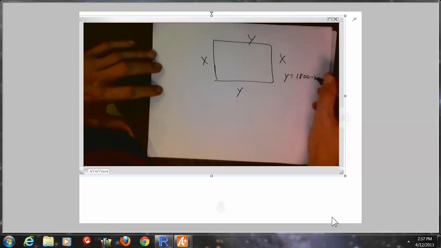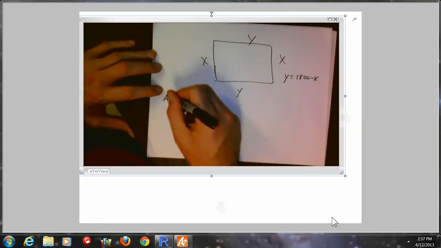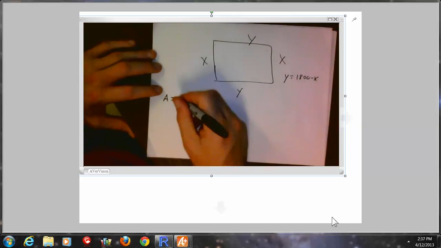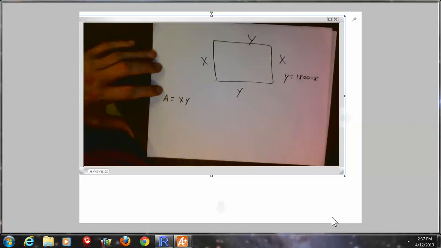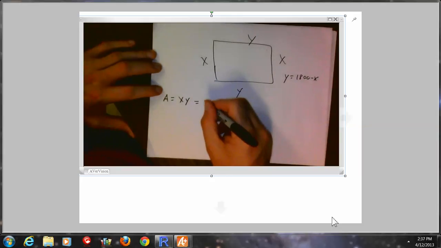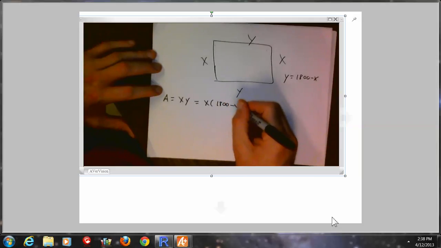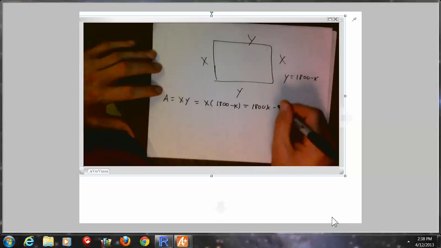What we want to do is maximize the area, so I'm going to write down an expression for area. The area is just length times width, or x times y. So area equals x times y. But y is equal to 1,800 minus x, so this is x times (1,800 minus x), which is equal to 1,800x minus x squared.